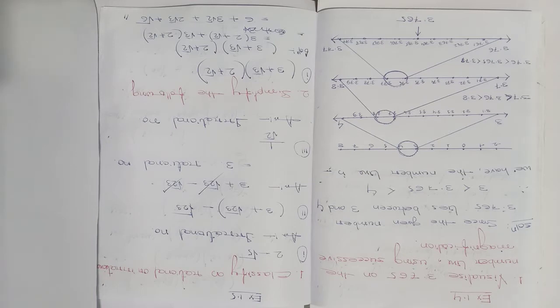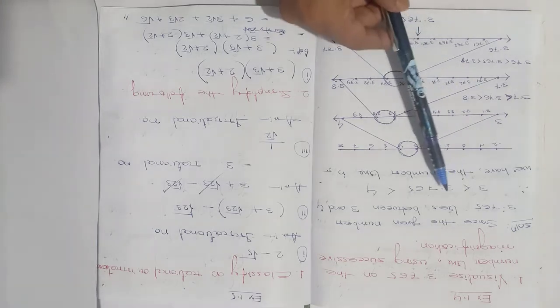So students, concentrate and see how to locate this number on the number line. Since the given number 3.765 lies between 3 and 4, because this number is greater than 3 but less than 4, right?